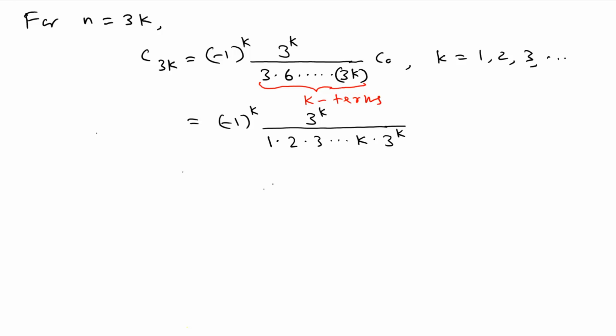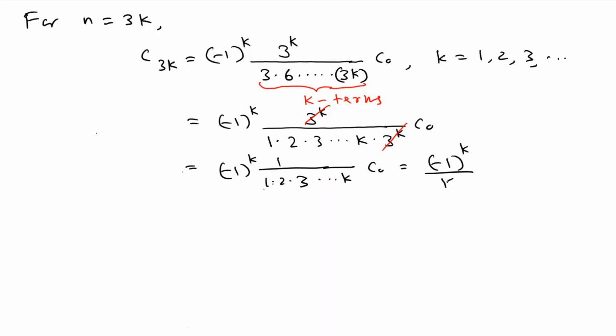So once you do that, with c naught, you can see that 3 to the k and 3 to the k get cancelled. So you simply get negative 1 to the k, 1 over 1 2 3 up to k, c naught, but that's just a factorial, so that means negative 1 to the k over k factorial c naught.